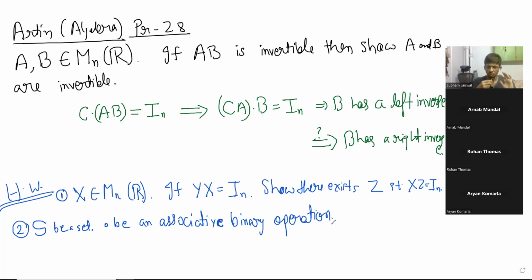That is true, and probably you can prove it in many ways. But in the end, it only depends on the fact that this multiplication is an associative binary operation, and it doesn't depend on any property of matrices. So it's better that we prove it like that, so that when you do group theory, ring theory, it's true in most of the places. Not all places, but most of the places.